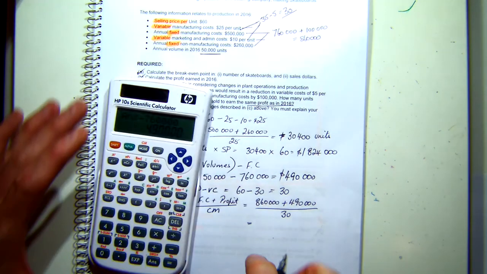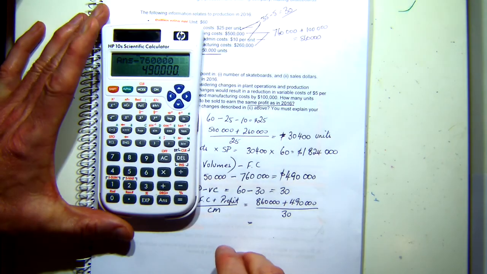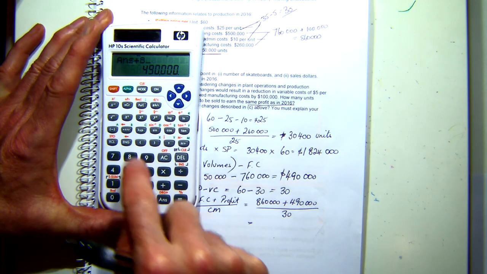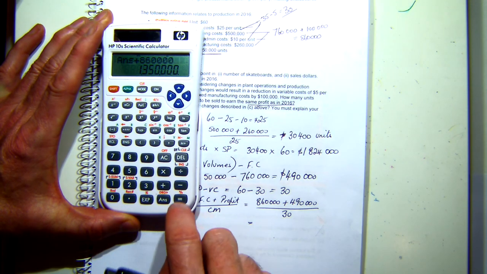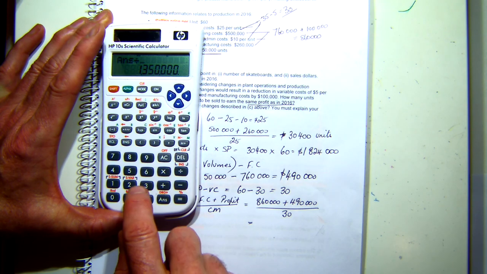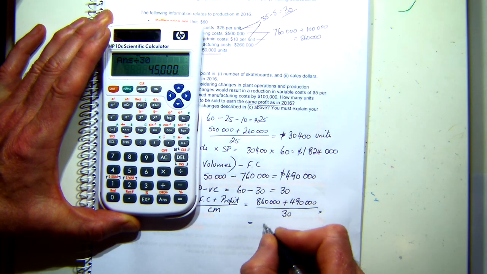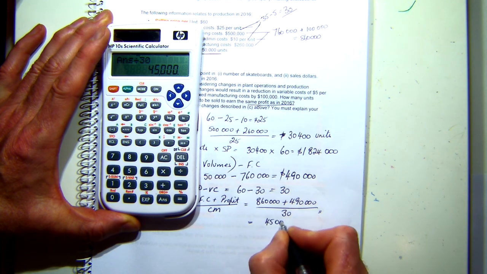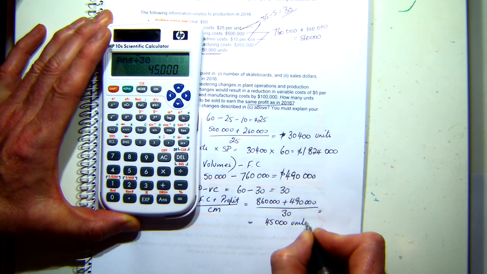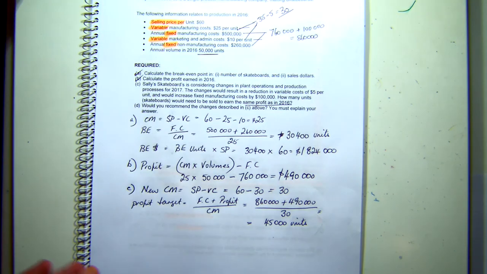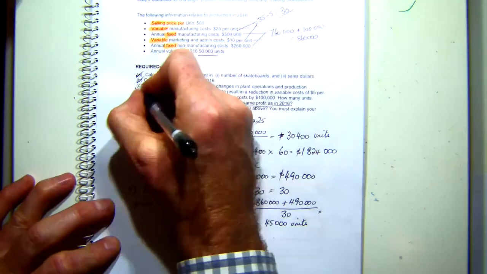So I've got 490,000 already there plus 860, and we're going to divide that by 30, which equals 45,000 units. That takes care of C.